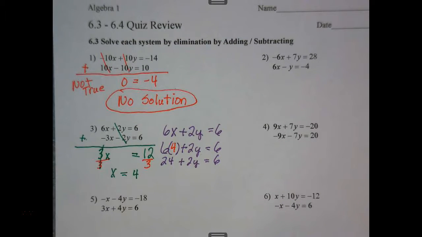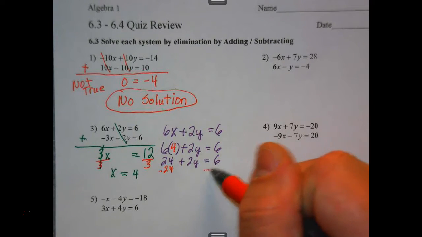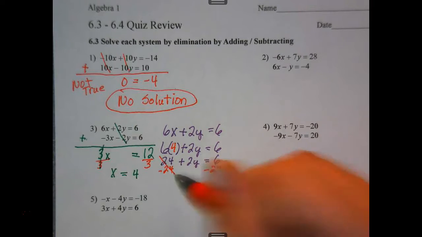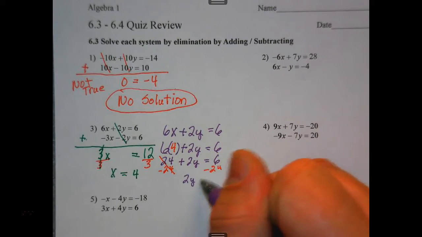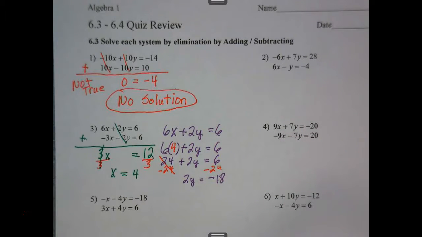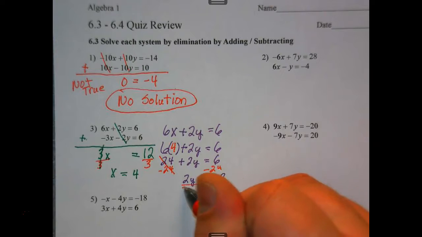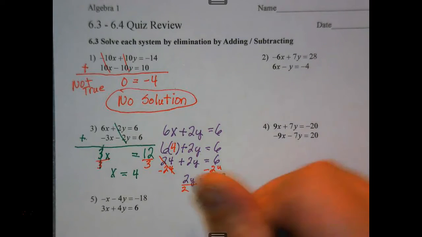Subtract 24 from both sides. I get 2y equals negative 18, divided by 2, and y equals negative 9.